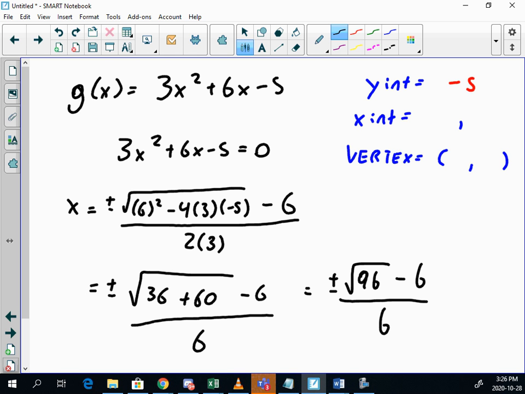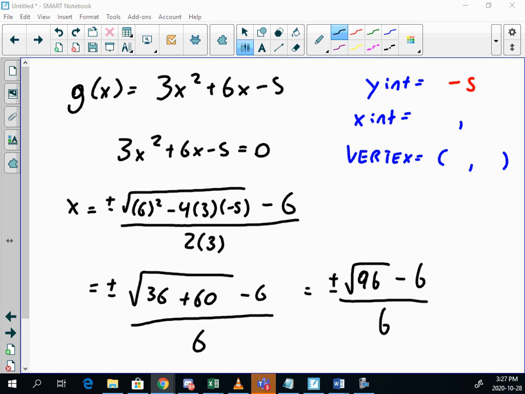Which is kind of a cool little result there, but unfortunately not an easy one for me to put onto a number line. So I should break out my calculator at this point, and I should figure out, first of all, what is the positive square root of 96 minus 6, and then take that whole thing and divide it by 6.